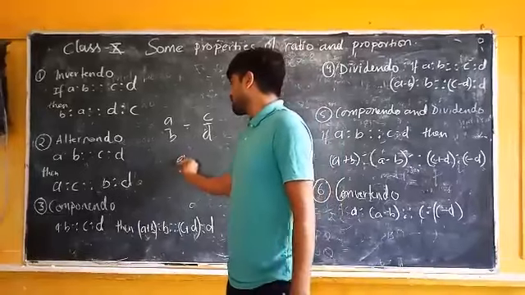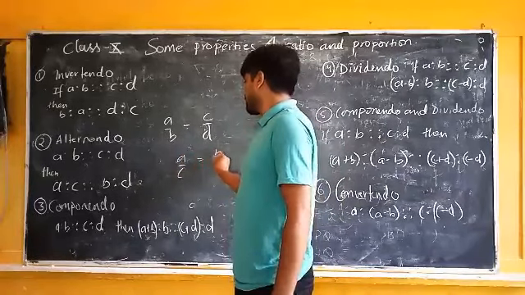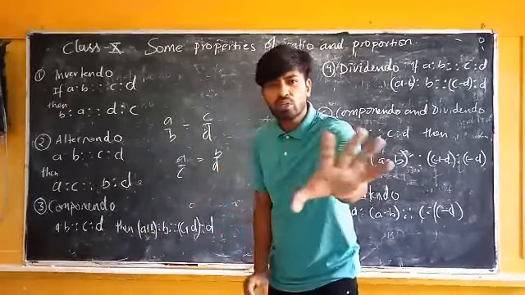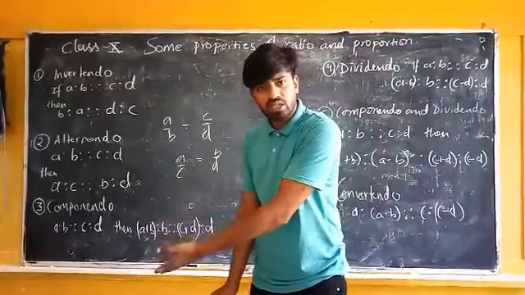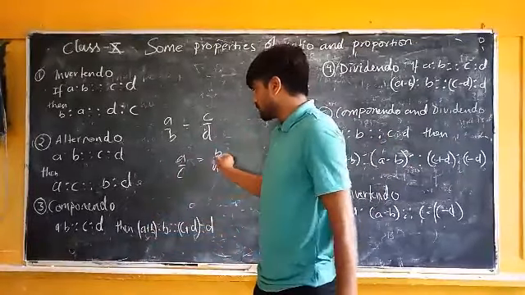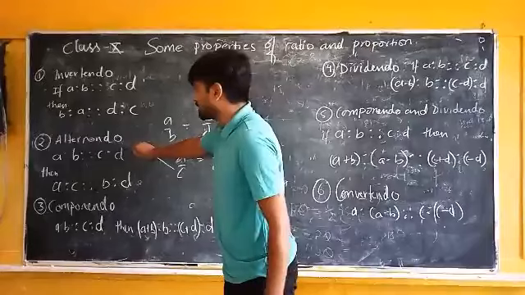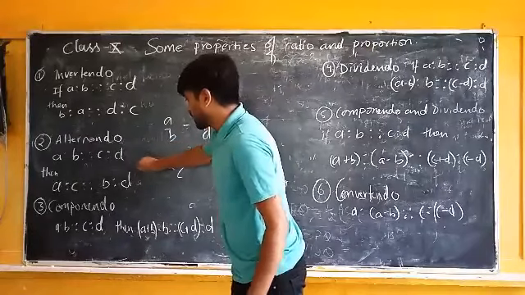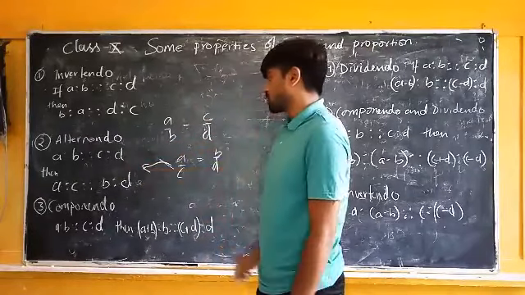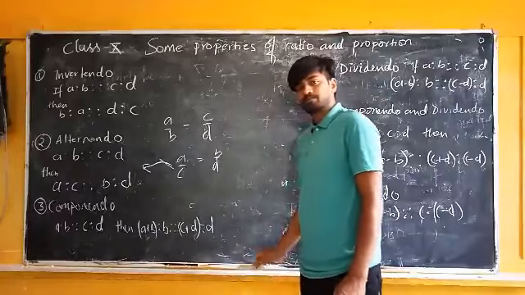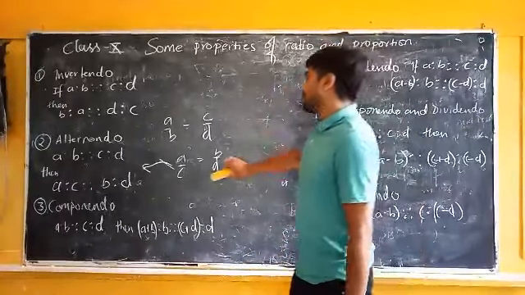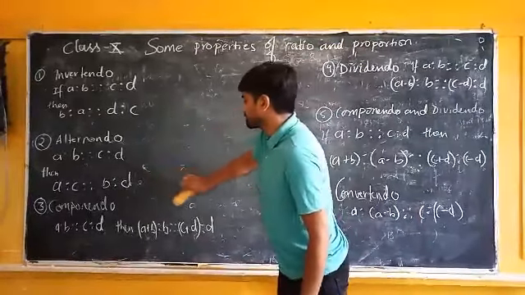So how will I write it? A upon C equals B upon D. I am not doing anything wrong, right? C went down there and B went up. So how will I write this in ratio form? A ratio C proportion to B ratio D. Okay, let's move on.